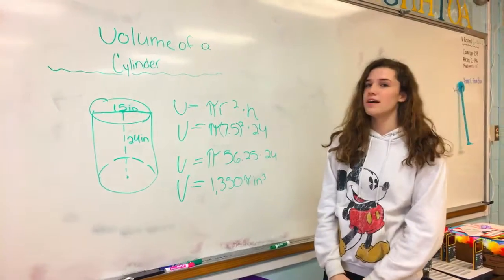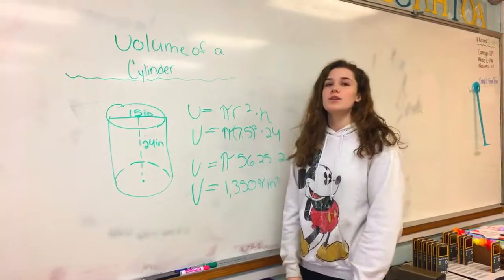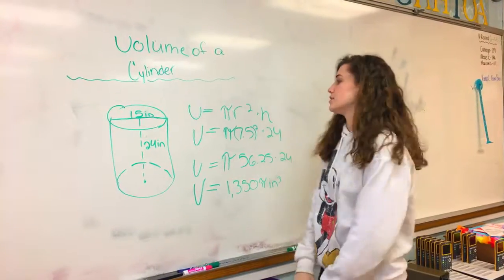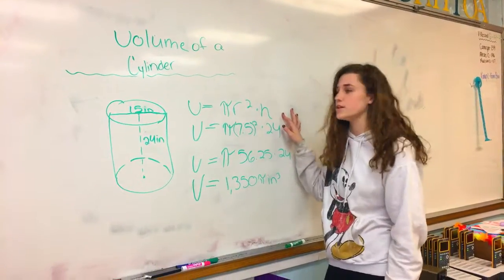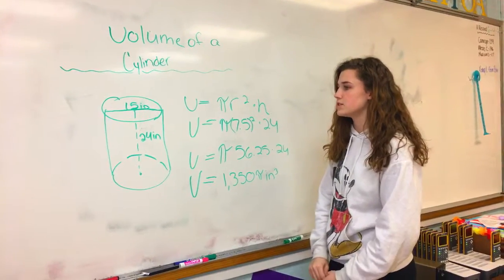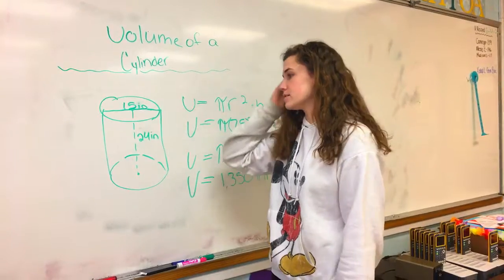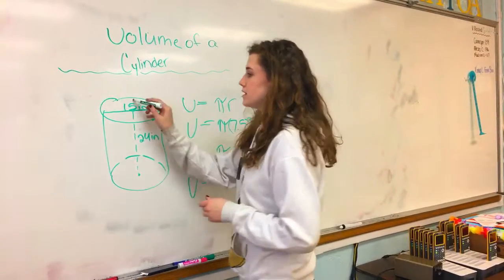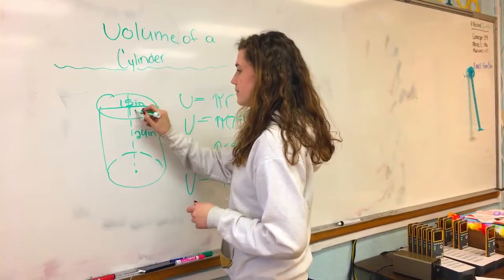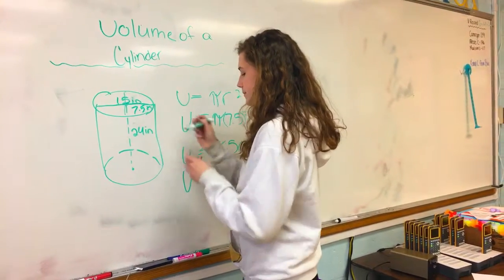For a harder, more challenging example, you will want to find the volume of a cylinder. You will use your same basic volume equation, which is pi r squared times h, but instead you have 15 inches as the diameter and not the radius, so you would divide 15 inches by 2 and get 7.5 inches.